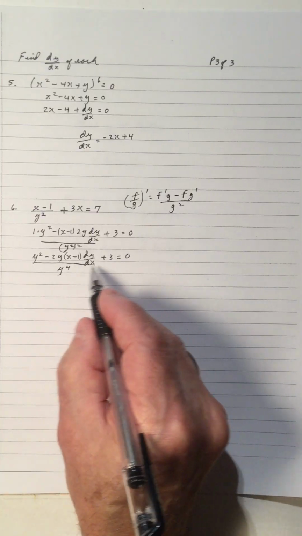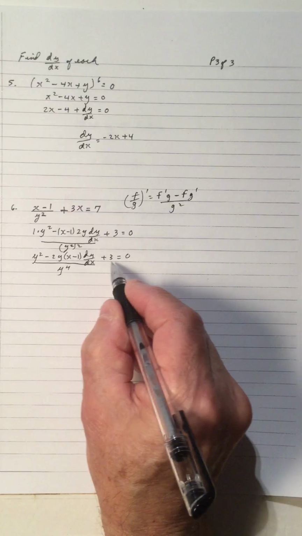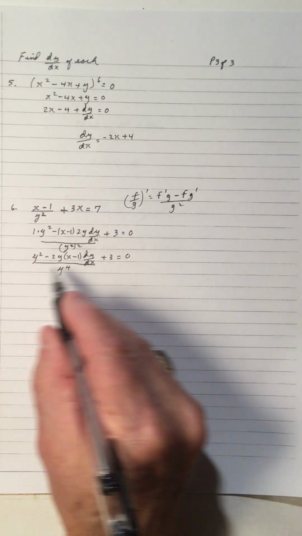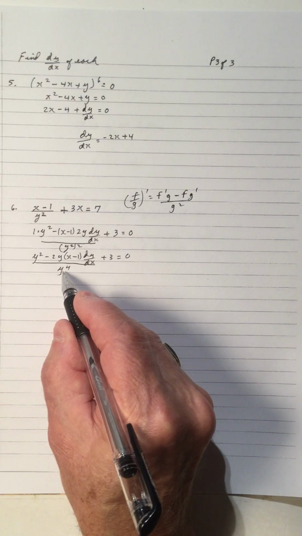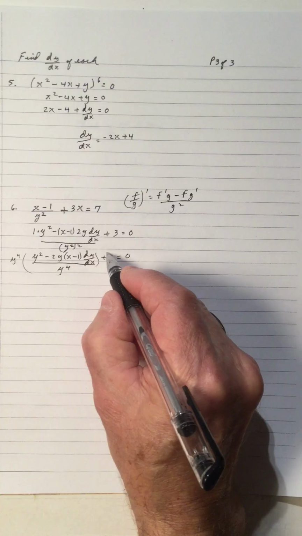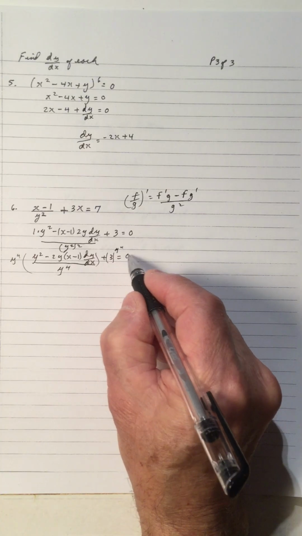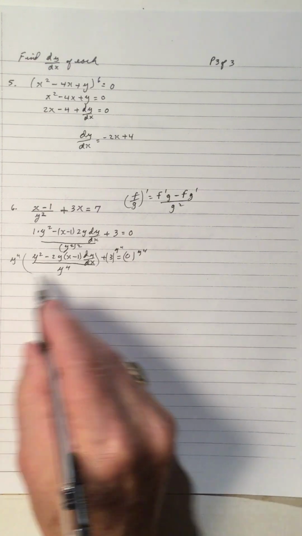Now, I can move this 3 over and isolate this fraction, or I can multiply the whole equation by the common denominator, which is y to the 4th. So if I multiply this by y to the 4th, multiply 3 by y to the 4th, multiply 0 by y to the 4th, I'll have no fractions.